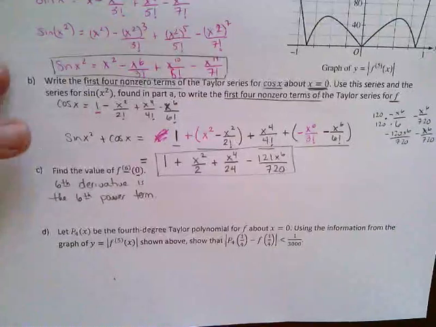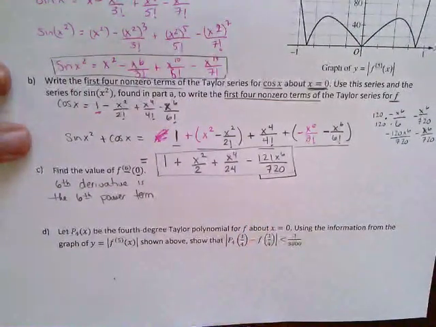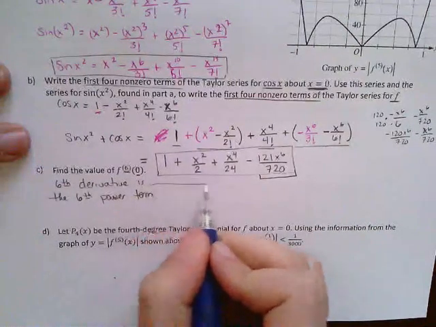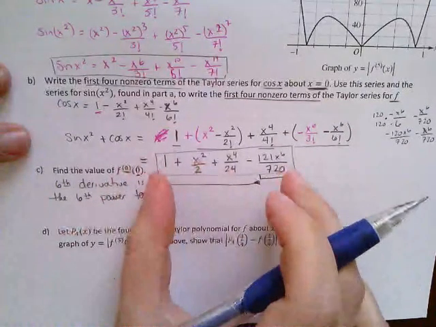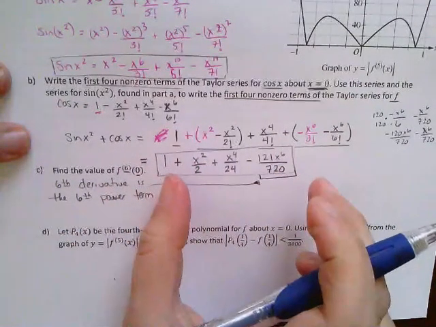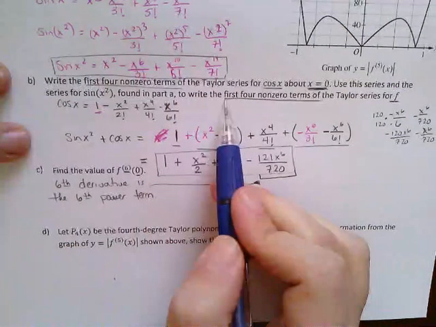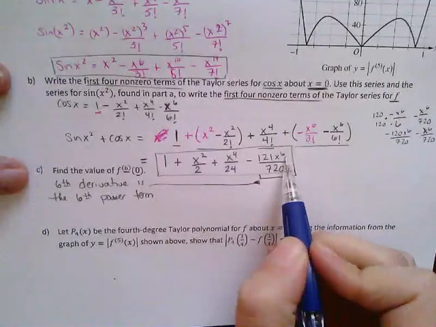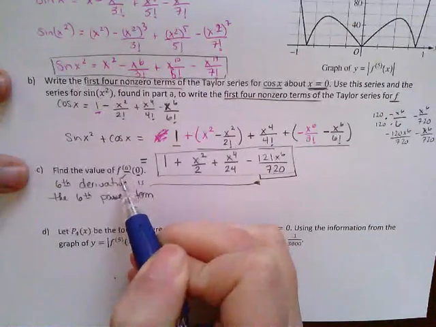And it actually turns out that we do have the sixth power term, right? Or the sixth derivative. So even though it's technically a four-term Taylor series, it's not including those zeros. So that right there, the sixth derivative is the sixth power term, so that's what we need.